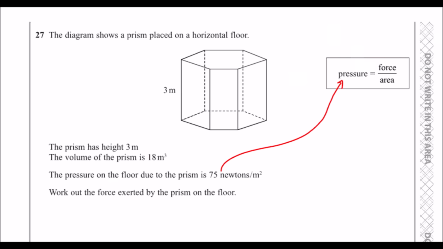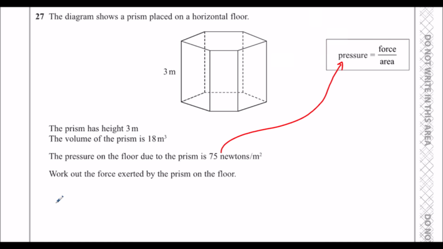And we know the volume of a prism is area of the cross section times the height. The volume is 18, so that's the area times the height, which is 3.